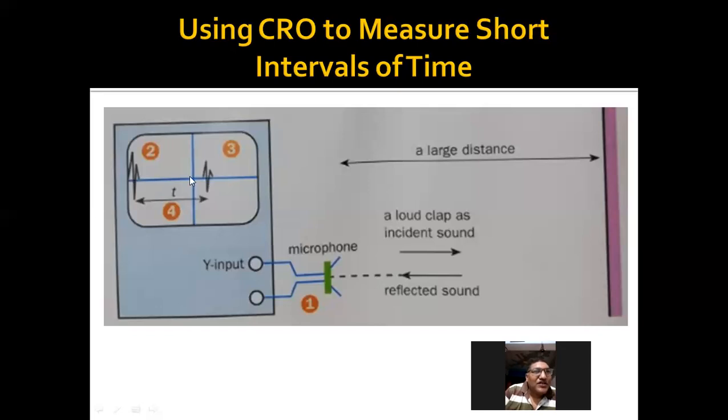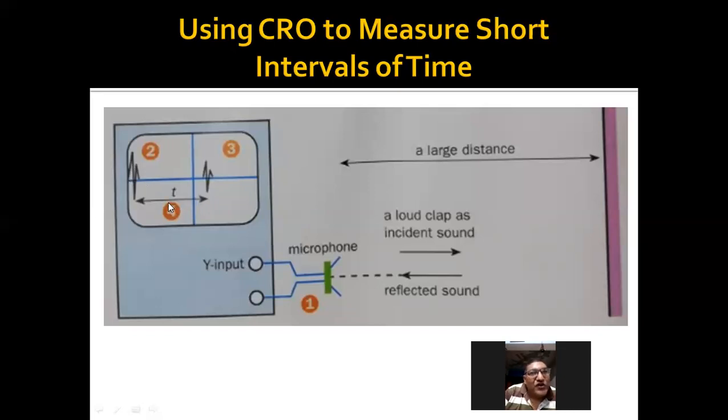Okay. So you see on the screen of the CRO, my original sound is shown with this graph, this up and down on the graph. And when the echo is heard by this mic, it is shown here.